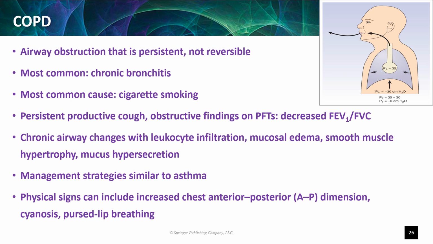The diagnosis of COPD is based on clinical history of persistent productive cough for at least 3 months that is documented in at least 2 consecutive years. Chronic inflammation with neutrophil and macrophage infiltration is similar to emphysema.